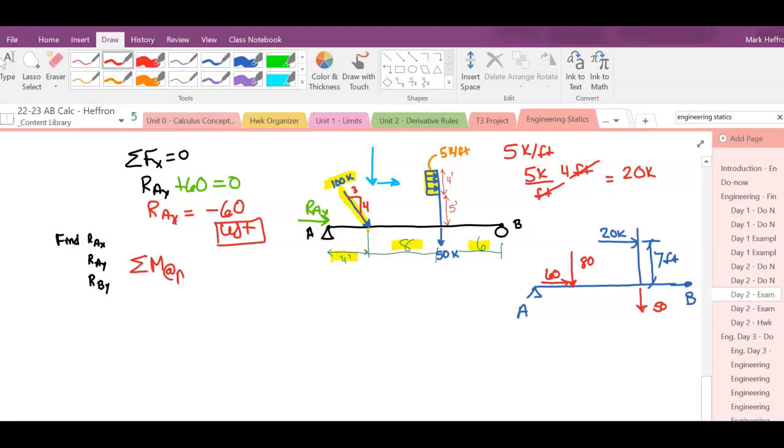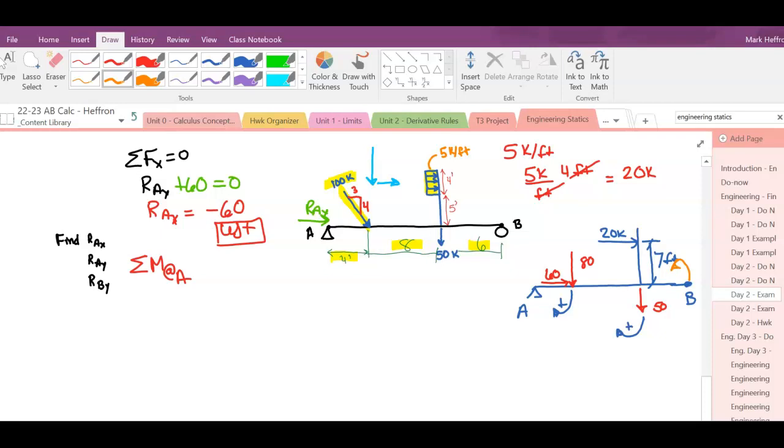I'll sum my moments at A because I usually just think left to right. So we have this 80 is causing positive rotation. This 50 is causing positive rotation. This reaction at B is causing negative rotation.